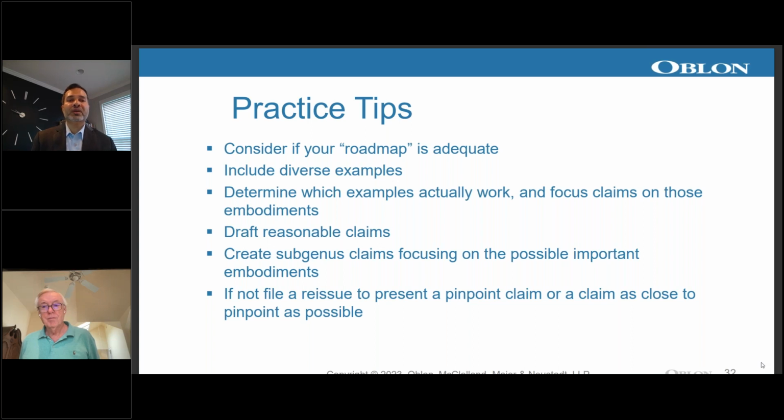You have to have more to it, and your roadmap may require more to get that kind of coverage. So you have to think about where things fail and where they succeed in terms of what you're teaching. And you may have to think about different language in your claims that covers the specific portion of coverage that will give you what you want.